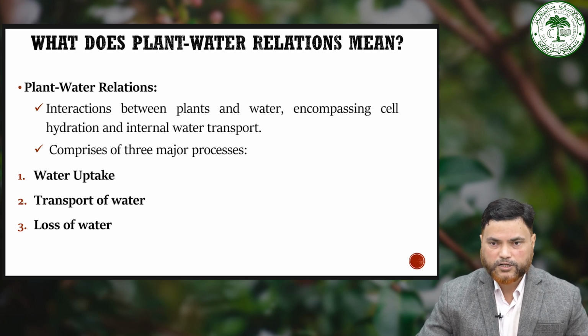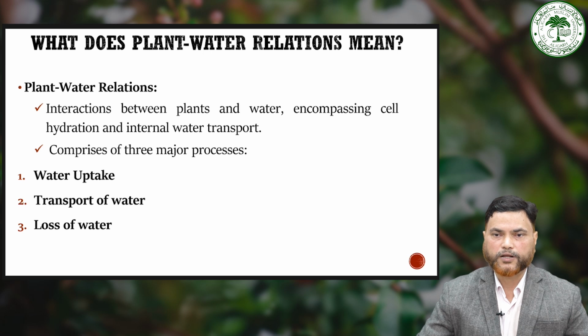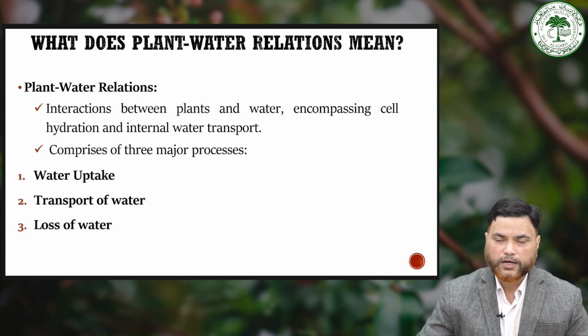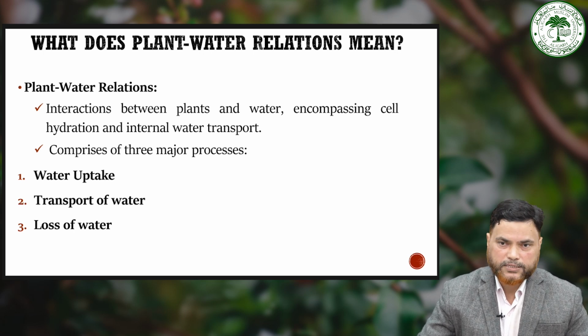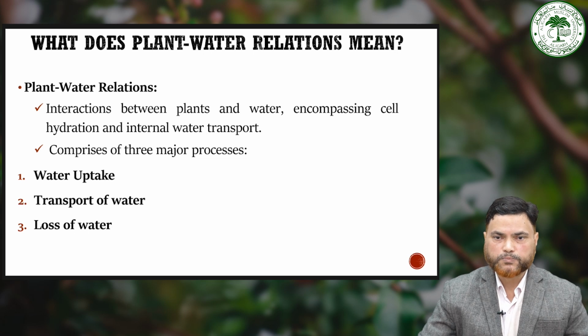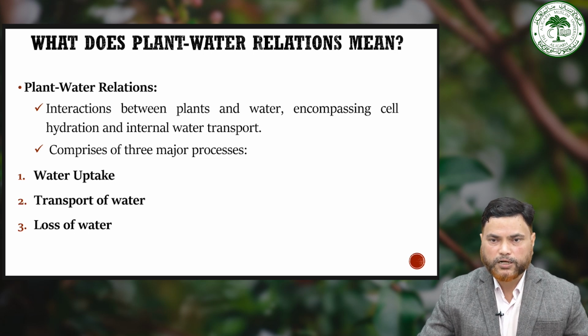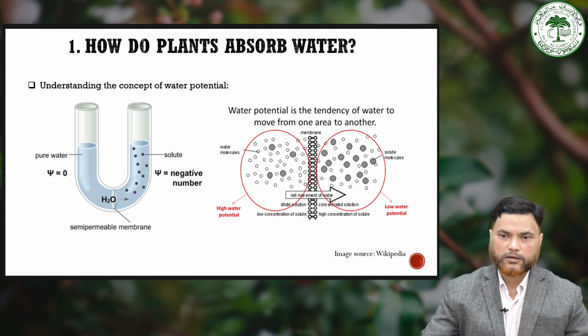The process of transpiration, which is controlled by stomata, plays an active role in maintaining water balance inside the plant. This process is essential to prevent dehydration and support the overall physiological balance in the plant.